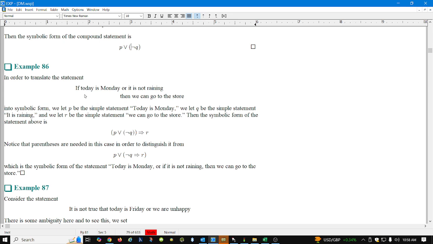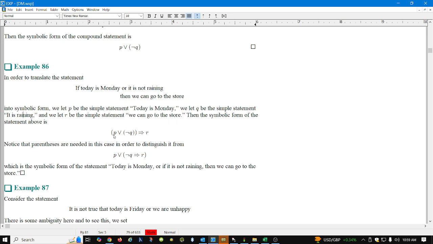For this one, if today is Monday or it is not raining, then we can go to the store. So we'll let P be today is Monday, Q, it is raining, and R is we can go to the store.